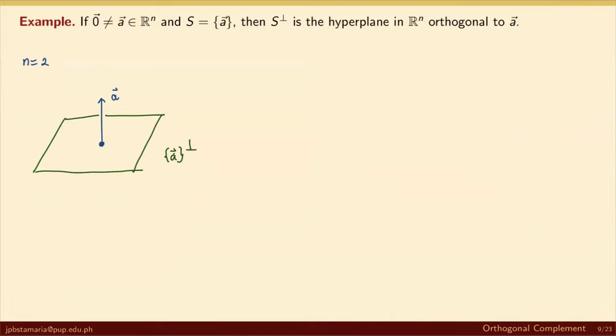Did you understand? But in general, if you are in an n-dimensional space, the perp of a single vector is the hyperplane orthogonal to A. How do we know?